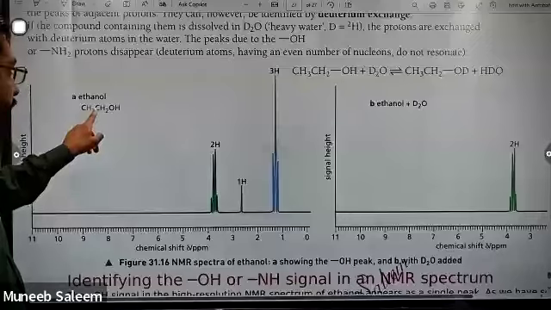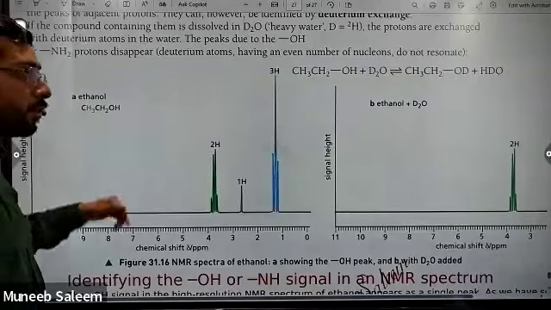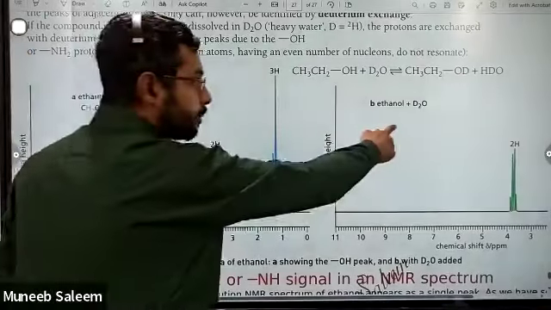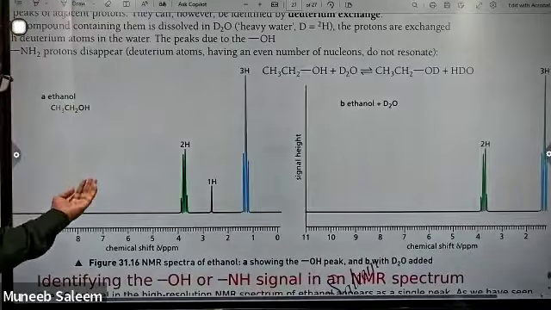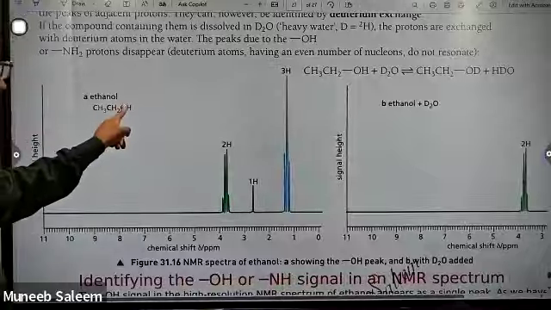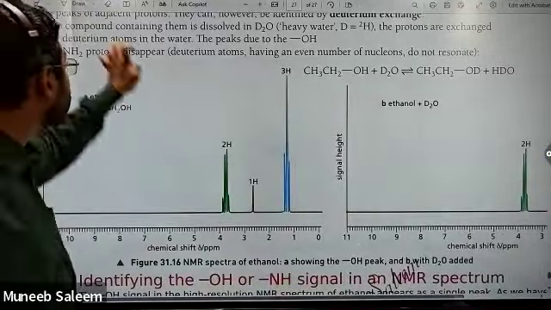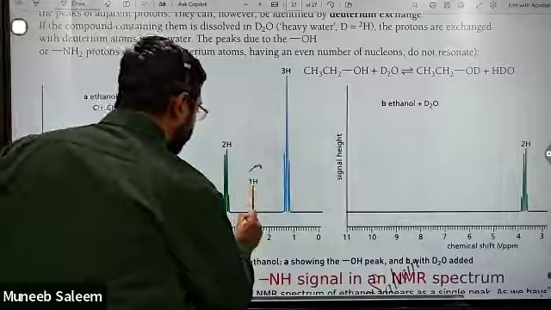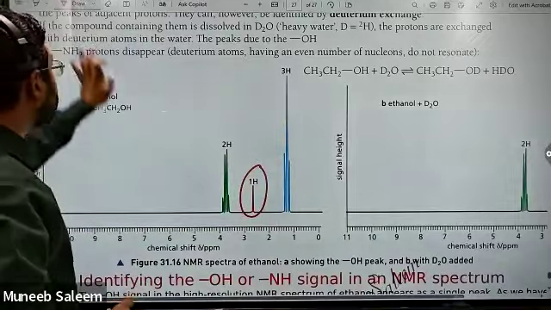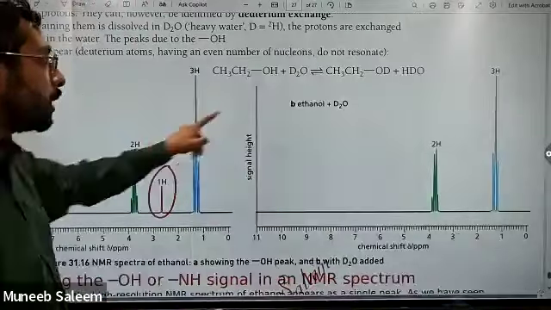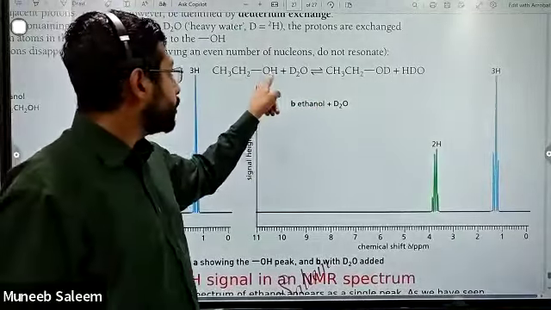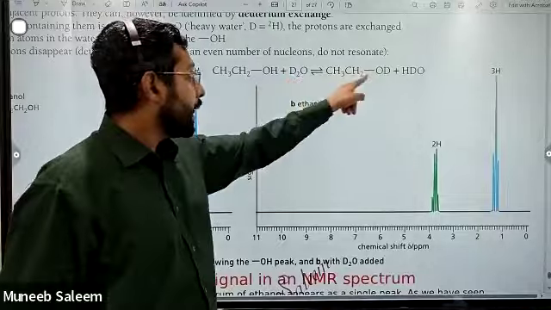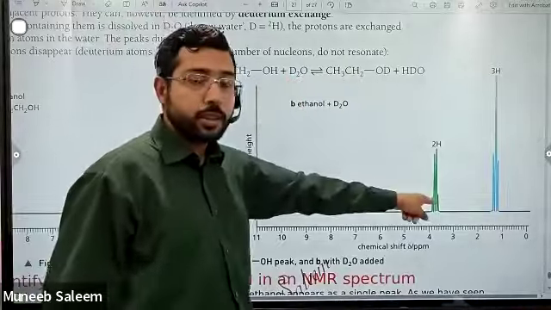Ethanol, in the absence of the D2O and in the presence of the D2O. If there was no D2O, then you had the peak of the OH labeled over here. This peak you can see at this chemical shift value. But if you put the alcohol in the D2O, then there will be exchange of the hydrogen by the deuterium, and the peak will not be visible in the spectrum.